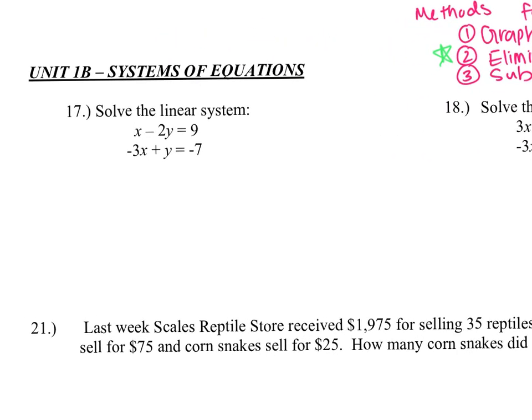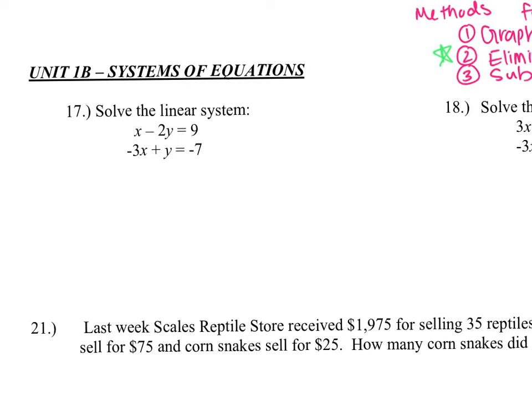So when it comes to elimination, you have to make sure it's in standard form, where the x's and y's are all on one side and line up, and then there are the constants. When I'm given a problem like this, I'm going to try to eliminate one of the variables by getting the variable's coefficient the same.